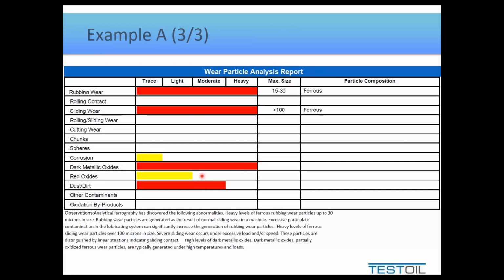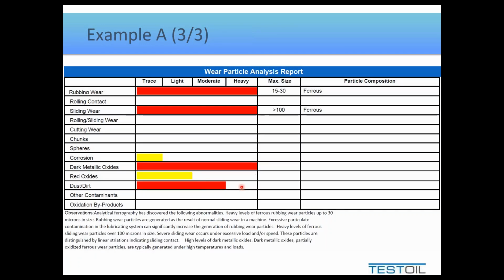Red oxides is a fancy way of saying rust. Again, rust is usually caused by oxygen and water contamination. So again, this is an effect. So everything on this report so far, these are all effects. But when we get to this last category of dust and dirt, well, now you have something that probably is a cause. And what else did we say in the report was a cause?